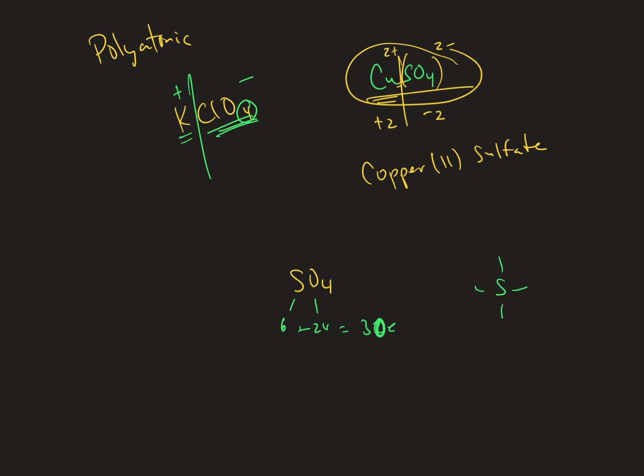Sulfur with 4 oxygens. 2, 4, 6, 8. We have 22 left. 2, 4, 6, 8, 10, 12, 14, 16, 18, 20, 22, 24. Oh, we can't have. Did I count wrong?